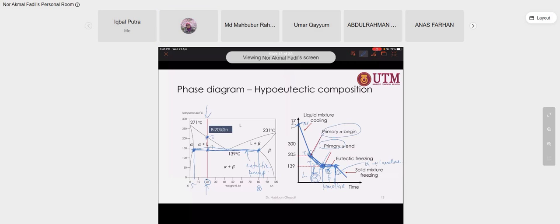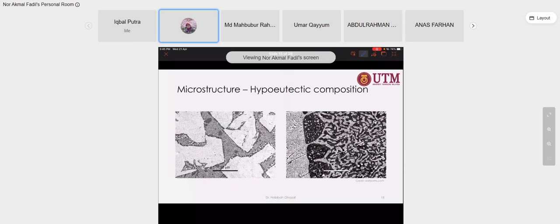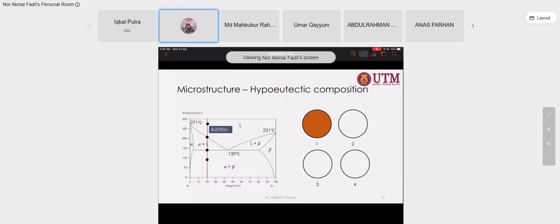Okay, lamella. What is the composition of lamella? It is alpha plus beta in the lamella structure. So in total, it is alpha plus beta. Okay, so it is like this. Okay, point number 1, microstructure of liquid. This is 1, 2, 3, and 4. Okay, liquid.